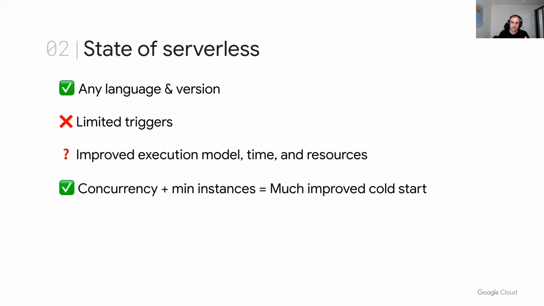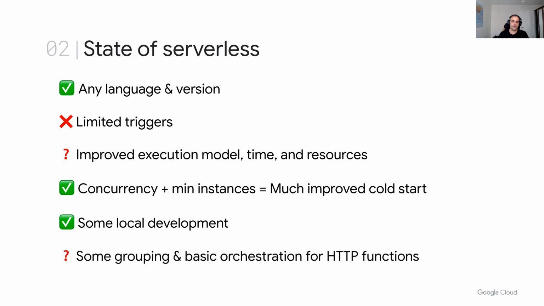The cold start is not much of an issue anymore because we have more concurrency and we have this minimum instances setting that we can use to have some instances ready to go. We have improvements to local development with emulators and other tools that I talked about. And we started also seeing some basic orchestration around functions and containers, even though they're very basic. So things are improving at this stage.